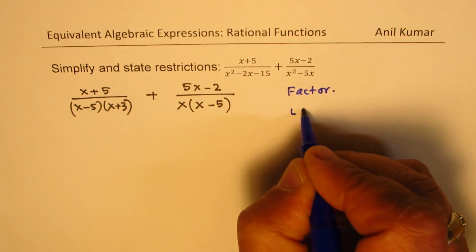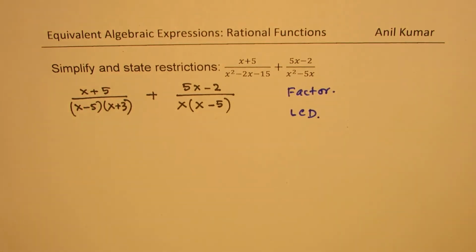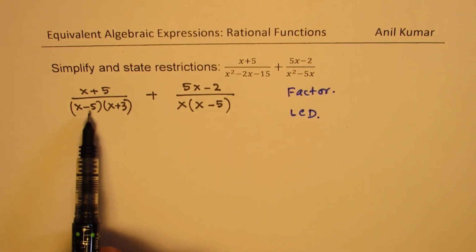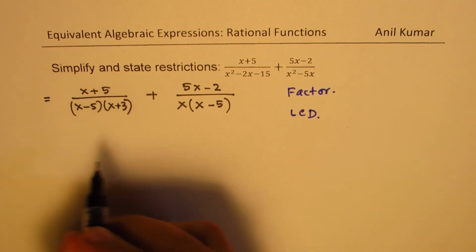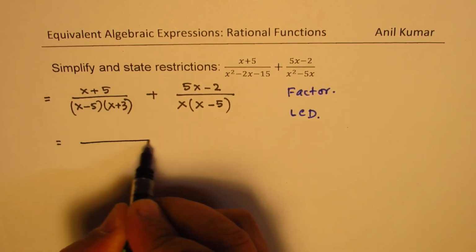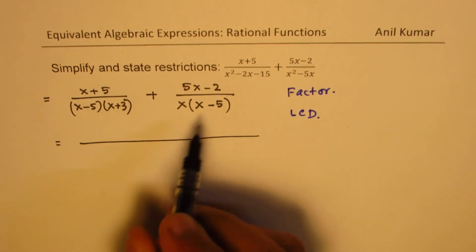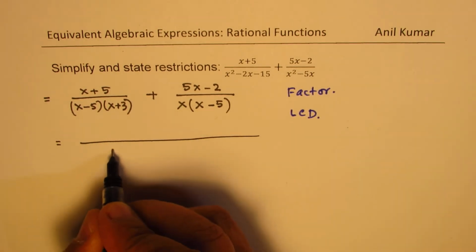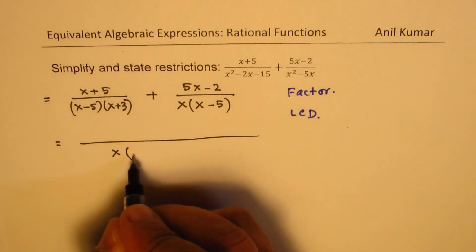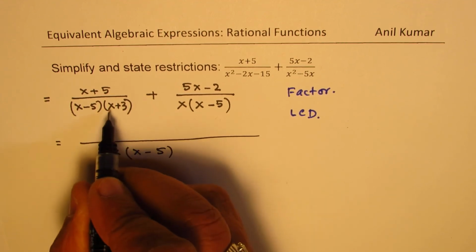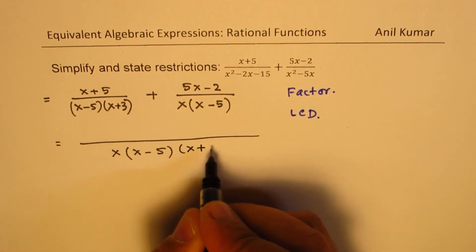And now we'll find the lowest common denominator, right? Now in this case, the lowest common denominator is, so we have these factors. Well, x is alone, so x to the power 1, and then we have x minus 5, and we also have x plus 3.